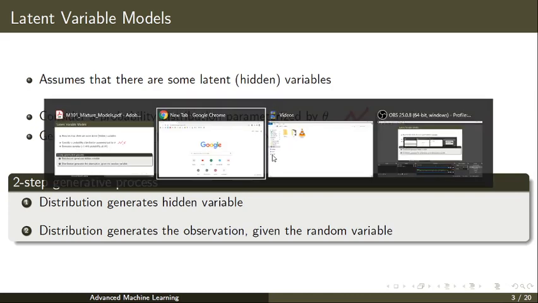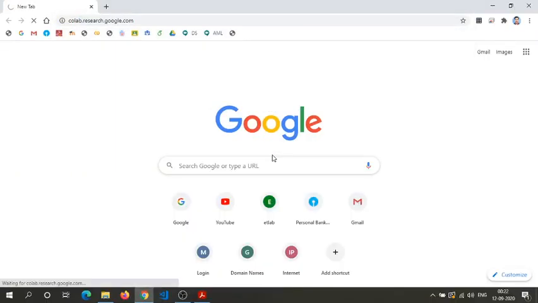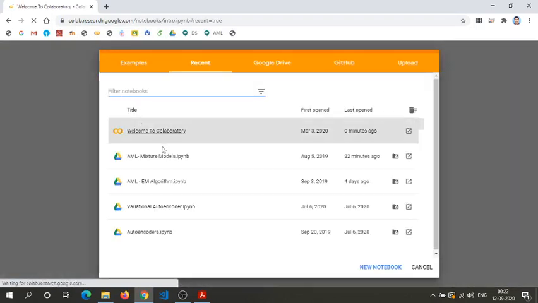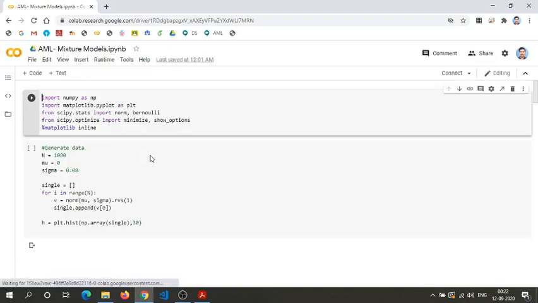Let's have a look at our sample notebook. This Python notebook will be shared with you. You see here we use the NumPy package, then Matplotlib for plotting.